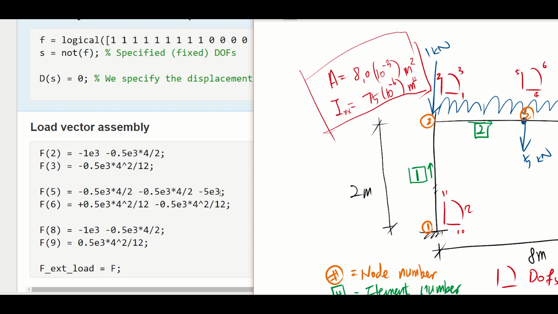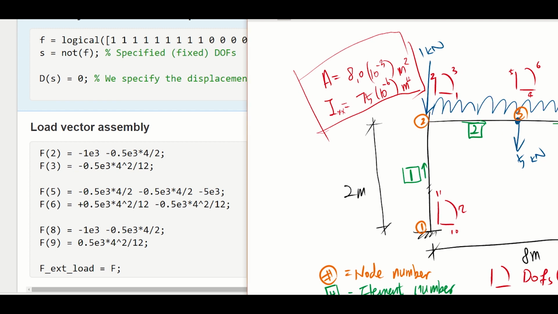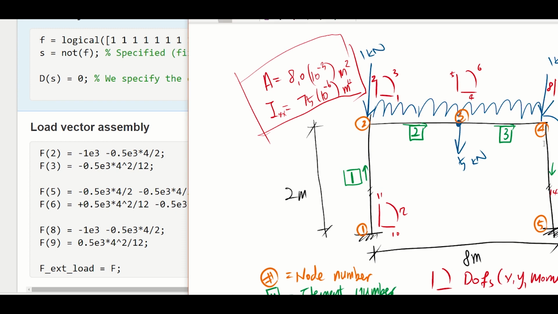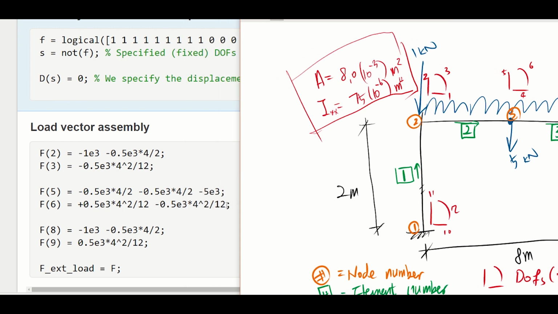Your sixth degree of freedom, the rotation degree of freedom, apparently this is a 0 because it is continuous, and your intensity of the UDL is the same left and right hand side. So these are exactly the same magnitude, but this one gives minus, positive, minus, and positive on the right hand side. So minus, plus, minus added up together, and this comes out at 0.